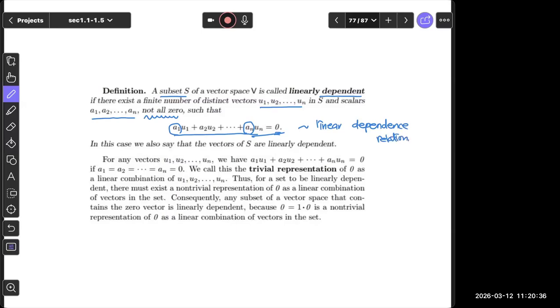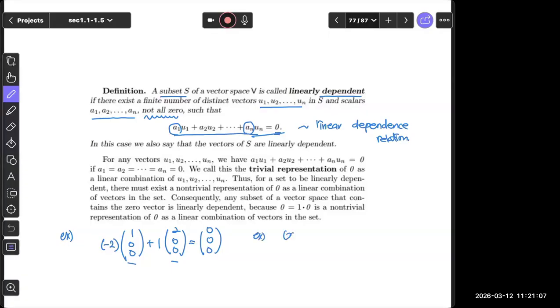So as an example, if I consider the (1, 0, 0) vector and the (2, 0, 0) vector, then when I multiply -2 to the first one, and multiply 1 to the second one, if you add them, you get (0, 0, 0). So (1, 0, 0) and (2, 0, 0) are linearly dependent because they produce the 0 vector.